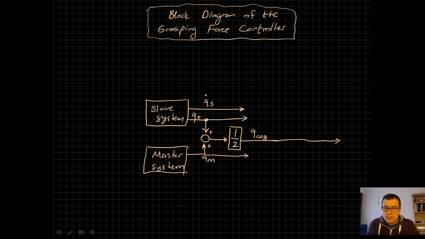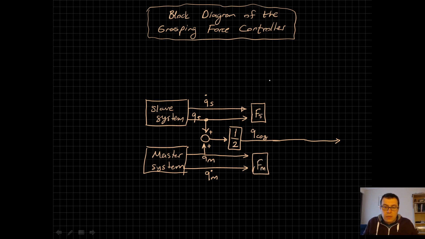Also, we're gonna take this and this as qm dot to two different blocks. One of them is going to create us slave side force, the other is going to create us master side force, and we have to add these forces to create tracking error.